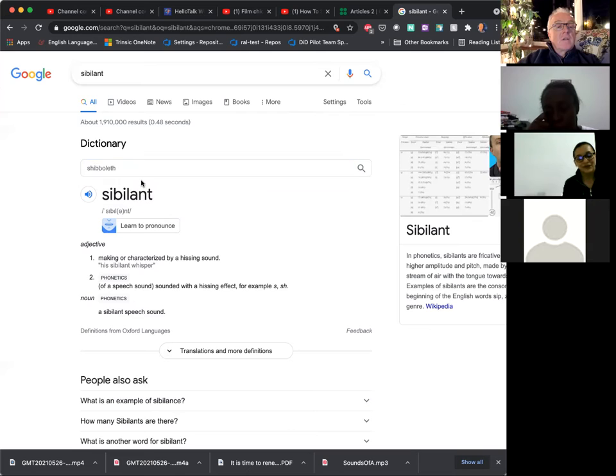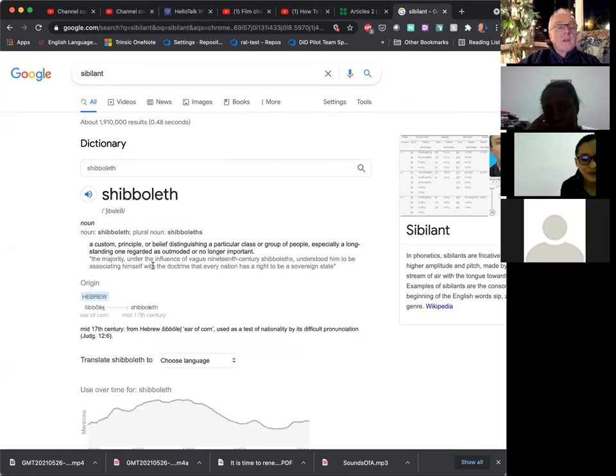Shibboleth: a custom, principle, or belief distinguishing a particular class or group of people, especially a long-standing one regarded as outmoded. Here's an example. The majority, under the influence of vague 19th century shibboleths, understood him to be associating himself with the doctrine that every nation has the right to be a sovereign state.